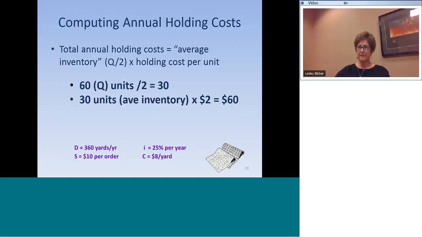So we have a Q of 60 divided by 2. That gives us 30 as our average inventory at any given time. And then we multiply that times our holding cost of $2, which was I times C, right? The 25% times the $8 unit cost. And now we arrive at total annual holding costs of $60.